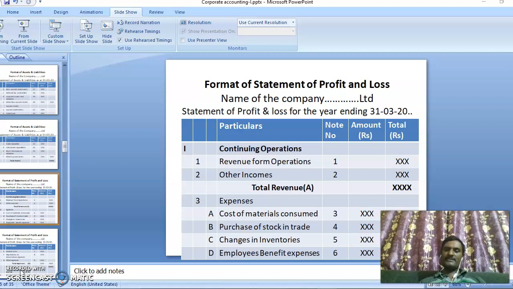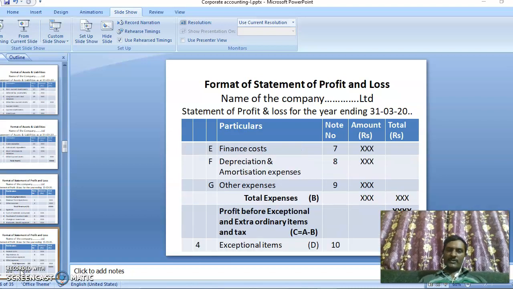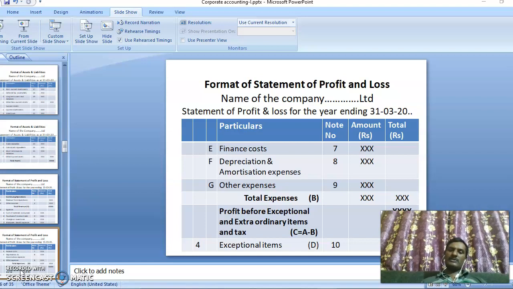Likewise, employee benefit expenses, finance costs like interest on debentures, interest on borrowings, and depreciation, if there is any depreciation on fixed assets, and amortization expenses, those are to be taken here. And if there are any other expenses, they are also to be taken under this head. And by making total of all these, we sum it up as total expenses, and we can quote it as B.